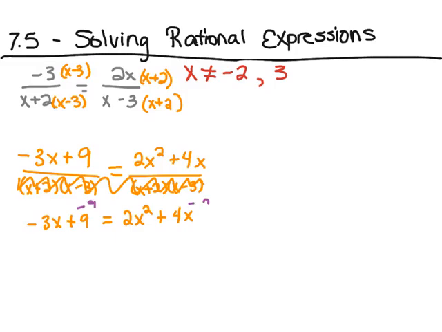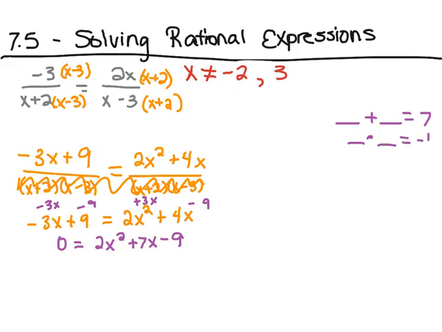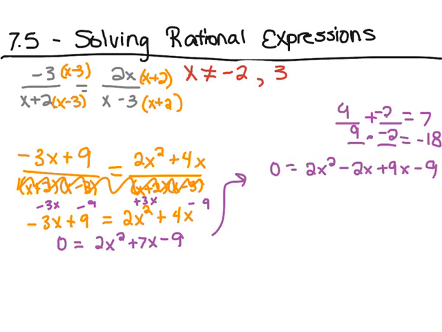Now we're going to move it all to one side so we can solve for x. So subtract 9 from both sides and add 3x to both sides. So we'll have 0 is equal to 2x squared, 4 plus 3 is 7, plus 7x minus 9. Two numbers that add up to 7 and multiply to get negative 18. It should be positive 9, negative 2. So we have 0 equals 2x squared minus 2x plus 9x minus 9.